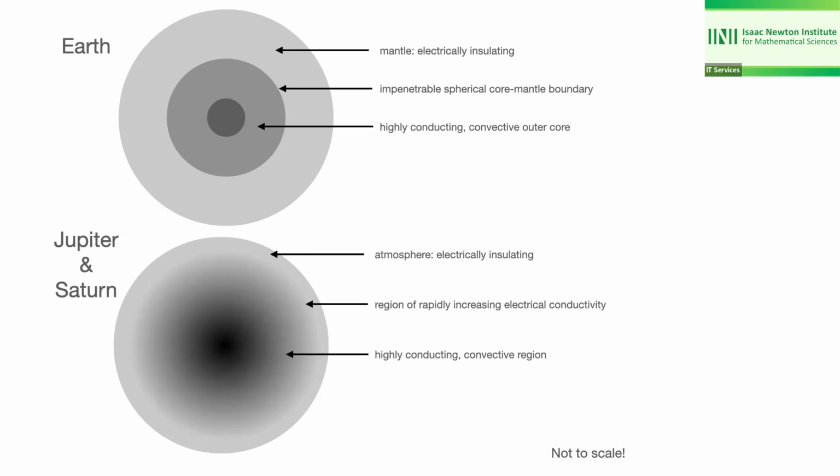And so there's no one point at which we can say, okay, we can downward continue to this radius, at which point the electrical conductivity is high.